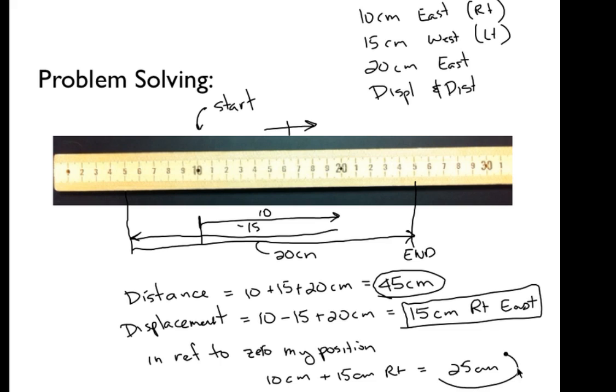You can see that because here is 0, here is 10. So my displacement from here to here is 15 centimeters, but in reference to my 0, it is the full 25 centimeters.